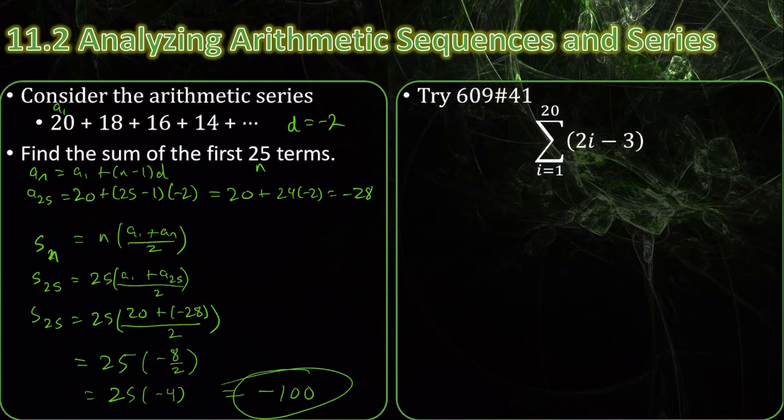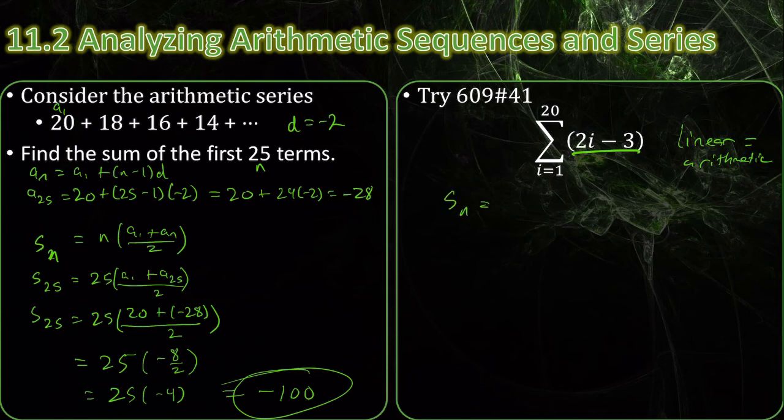Why don't you pause this and try number 41? It looks different because they gave you the rule already. That's convenient. It is linear, which makes it arithmetic, so you can just use the sum formula.